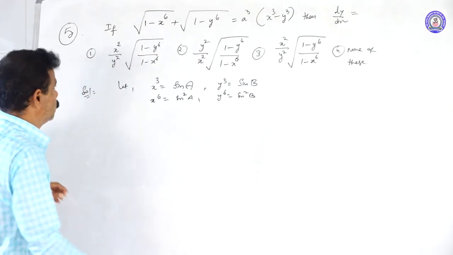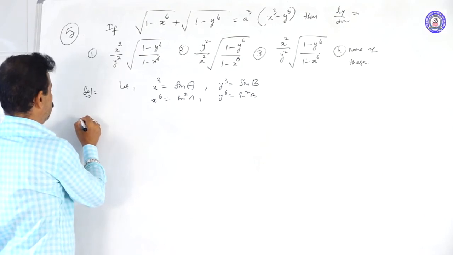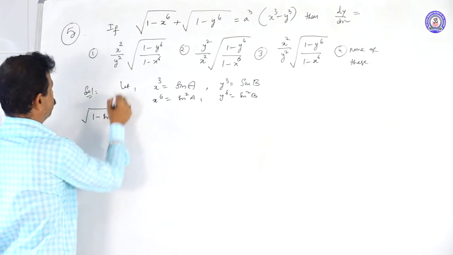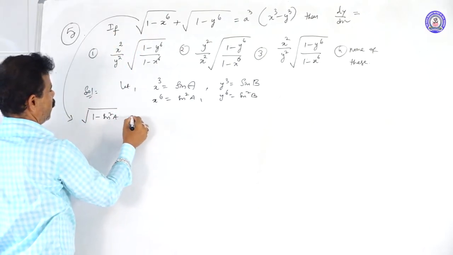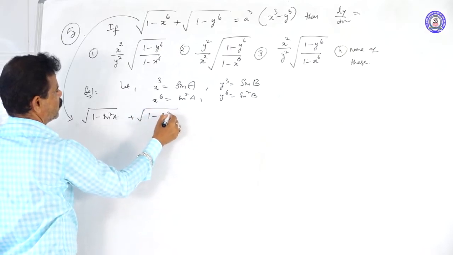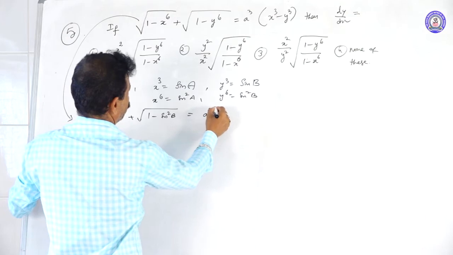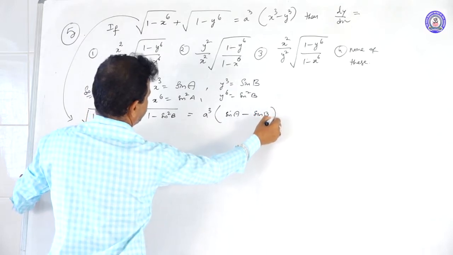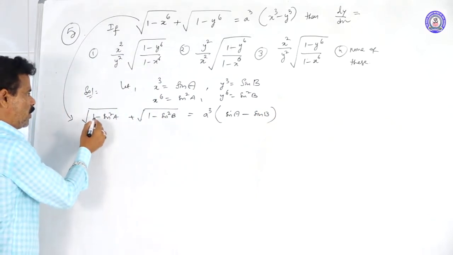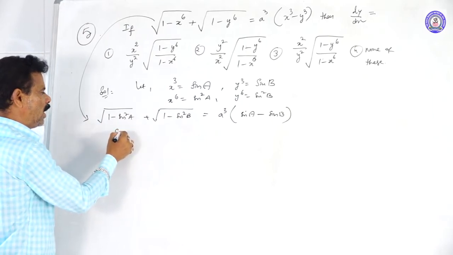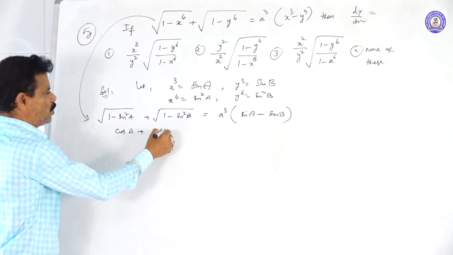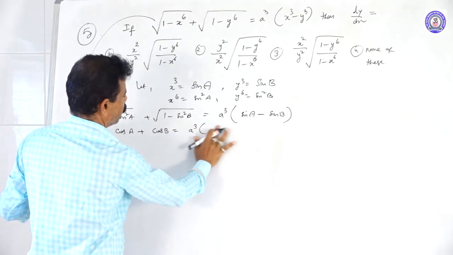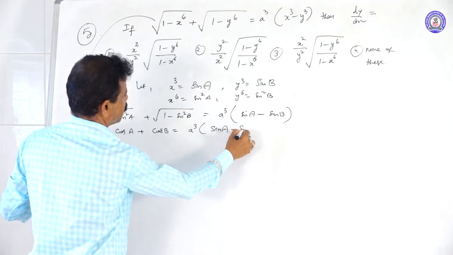So under root of 1 minus sin square a plus under root of 1 minus sin square b is equal to a cube into sin a minus sin b. This is cos square a and root, only cos a coming, plus this is cos b coming, and a cube into sin a minus sin b.